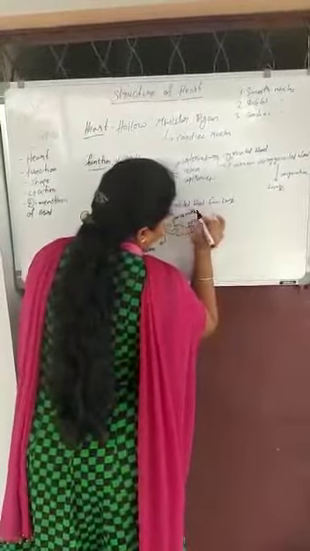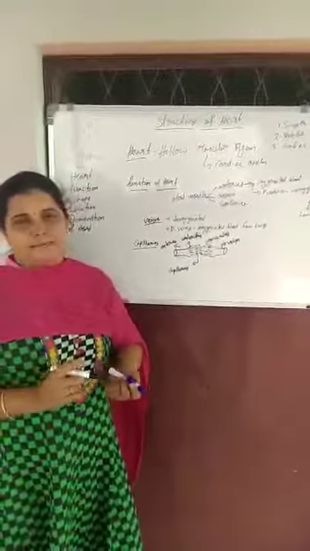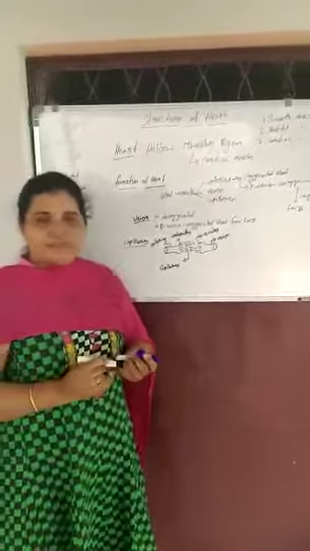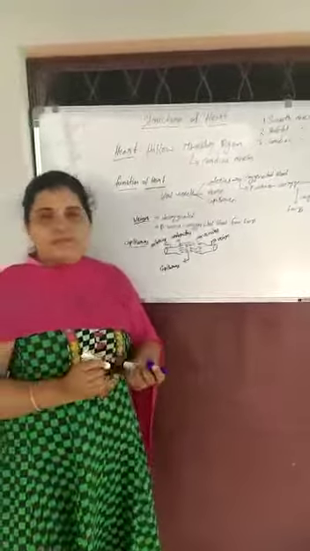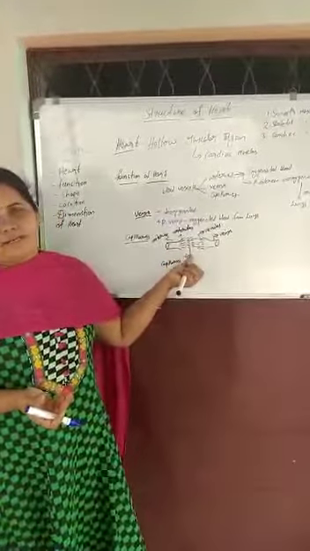Whatever material is in the capillaries can easily diffuse through them, because capillaries are made with simple squamous epithelium. So water, waste materials, nutrients, whatever it may be, can easily diffuse through these capillaries.